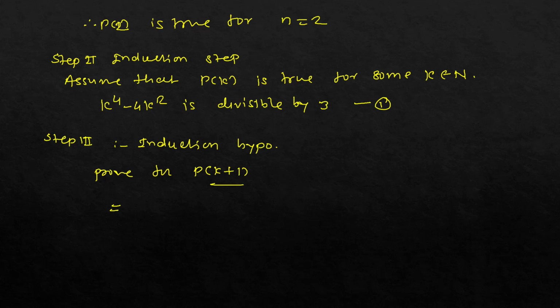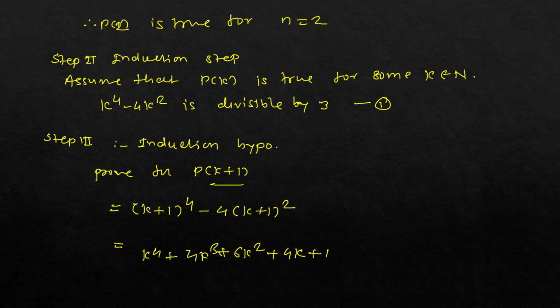So here we have to prove that (k plus 1) raised to 4 minus 4 times (k plus 1) square. So again it is a constant term, so k is replaced by k plus 1. So (k plus 1) raised to 4 means we get k raised to 4 plus 4k cube plus 6k square plus 4k plus 1, minus 4 within the bracket. Now (k plus 1) square is equal to k square plus 2k plus 1.